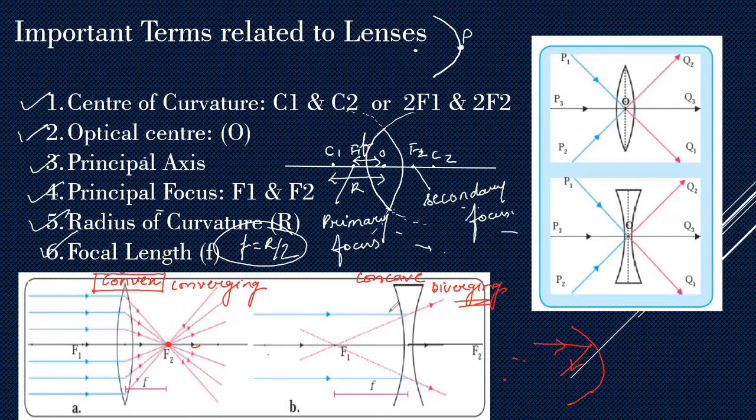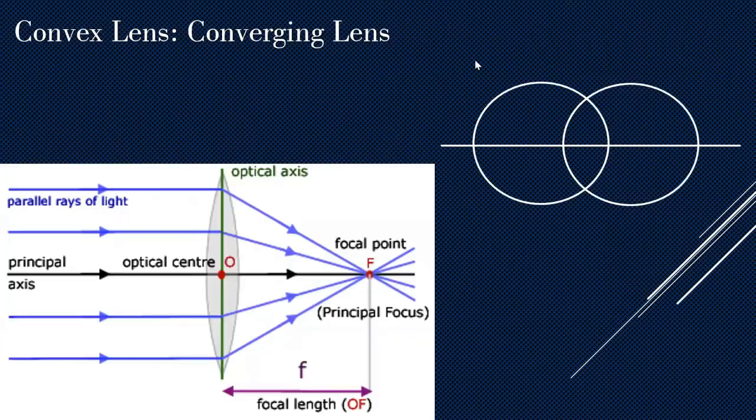So these parallel light rays are getting diverged, but they appear to come from a point that is F1. So this is the point, the first focal point, the principal focus. Understood? Now, all these light rays, can you see this? These are passing through the optical center. Okay?